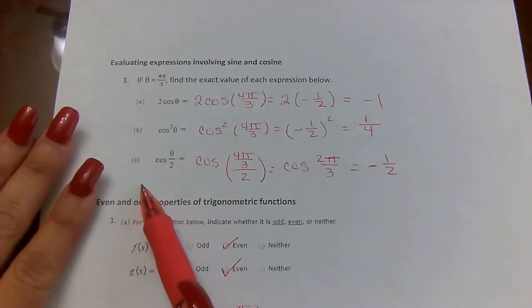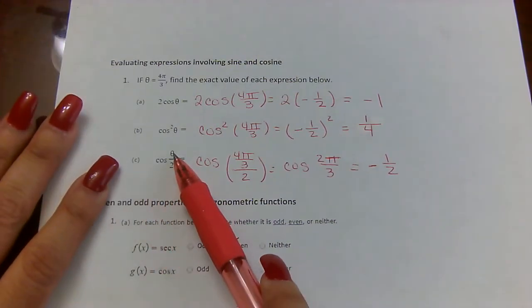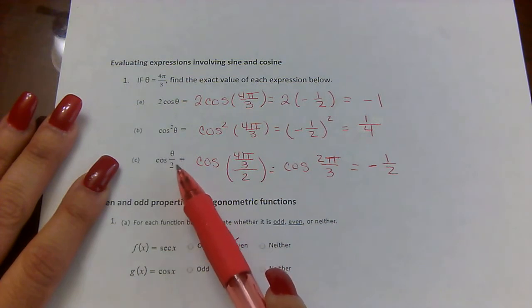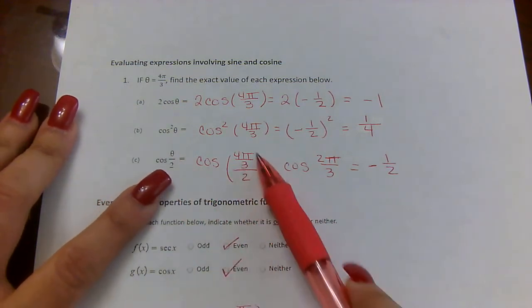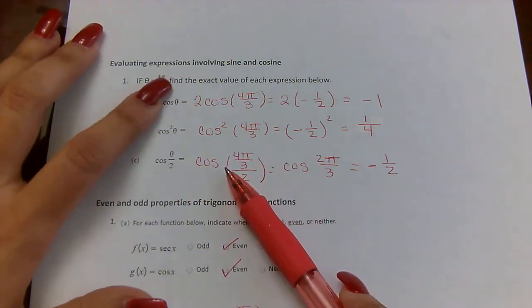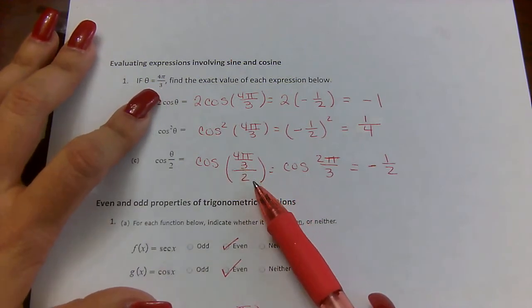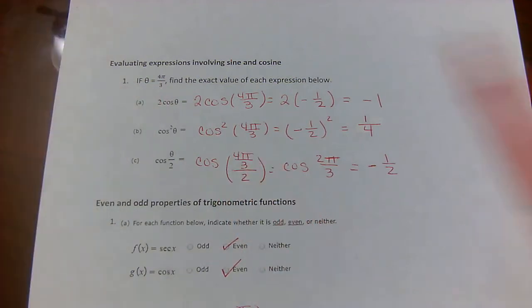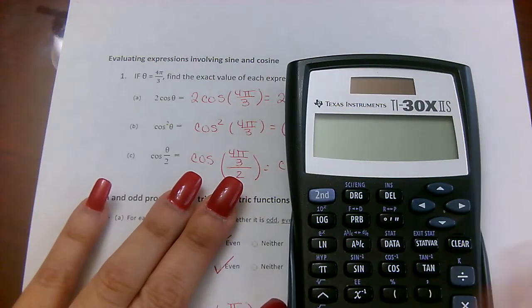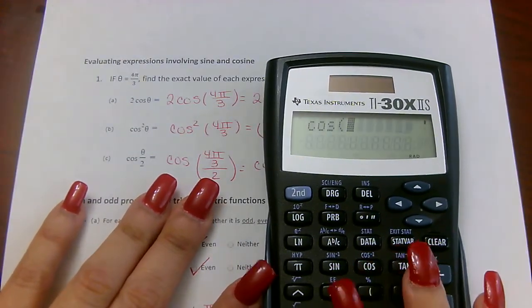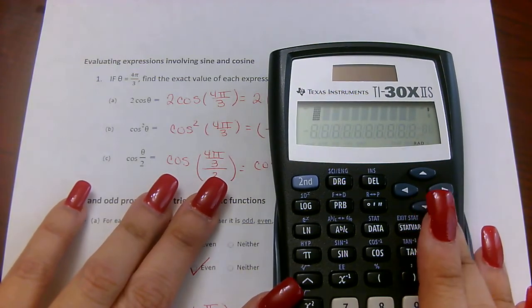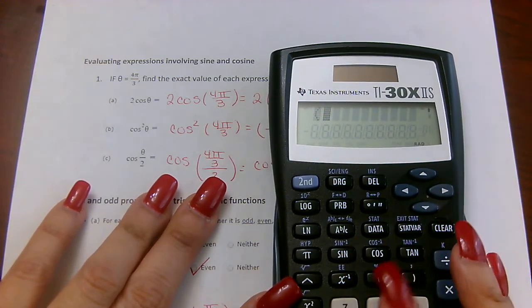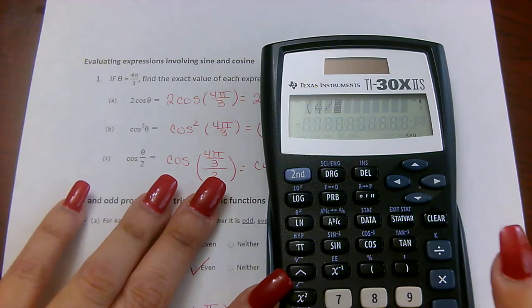Okay, looking at part C, now you can see that you're taking theta and dividing it by 2. So that's what we're going to do first. Theta is still 4 pi over 3, and you're going to divide it by 2. When you use your calculator, you can actually just use your numbers, just like what we've been doing before, and it will do these complex fractions for you. So I'm going to start my fraction by saying 4 divided by 3.